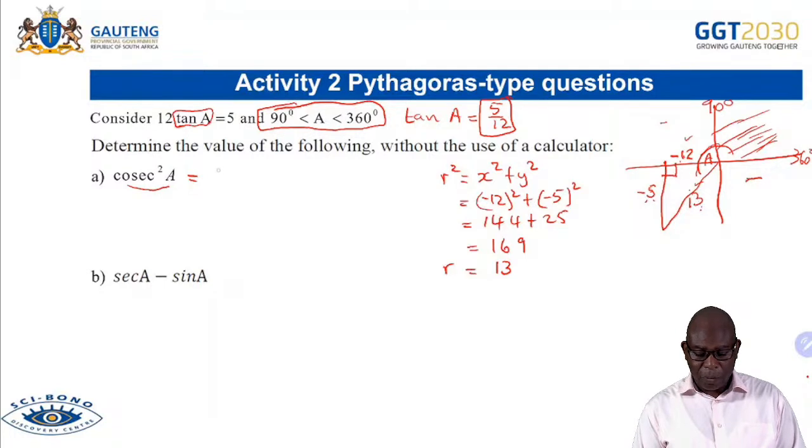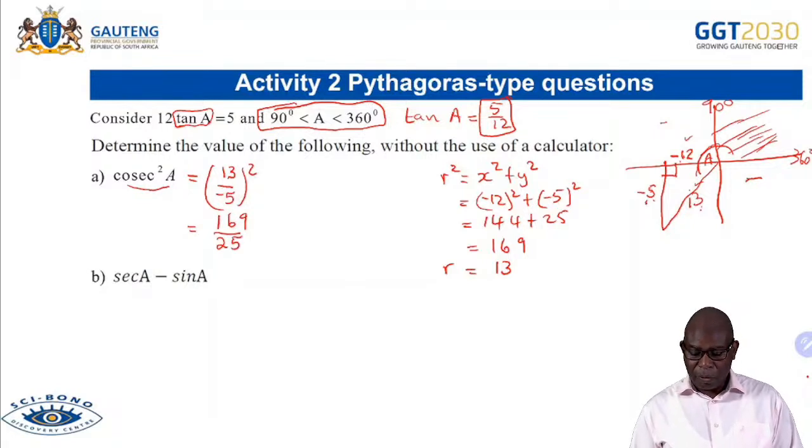Which means my cosec will be 13 over negative 5. But it must be squared. So I'll have 169 over 25. Okay, so I know sine is going to be this one over that, but cosec will be 13 over that. It's just the opposite, the arrow.